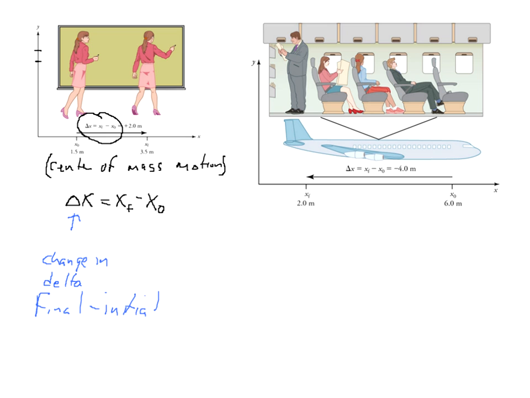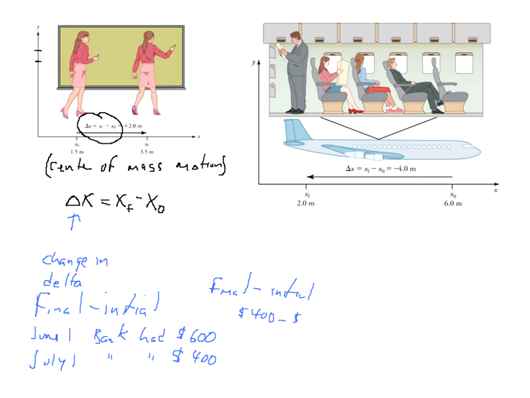So if you started on June 1st, your bank account had $600, and then on July 1st, your bank account had $400, final minus initial, actually, yeah, we'll write it here, would be 400 minus 600.